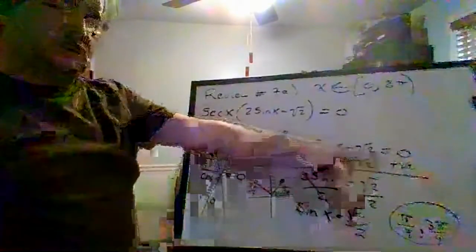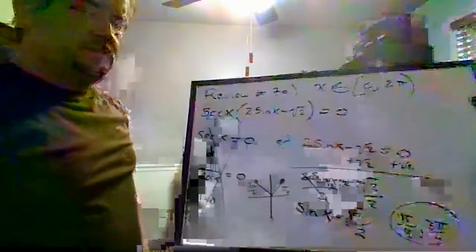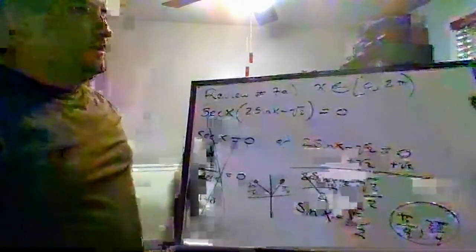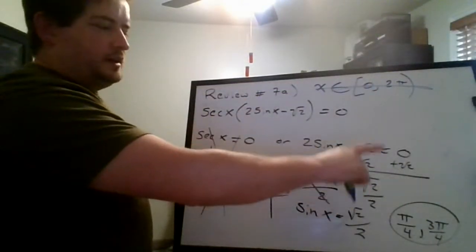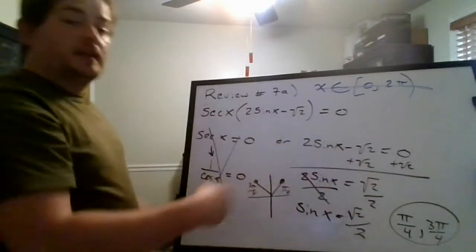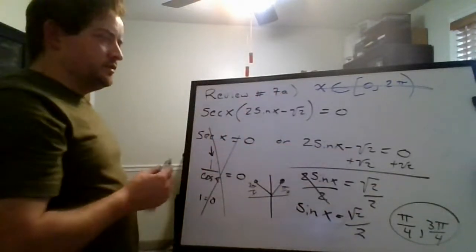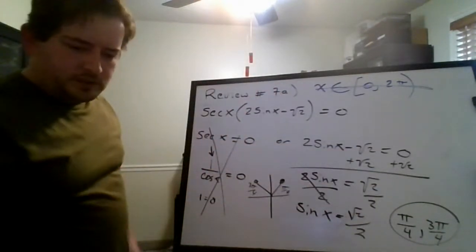So that's it. It's just one circle. That's my answer. It's pi fourths, 3 pi fourths. If this were not included, then I would go pi fourths plus 2 pi k and 3 pi fourths plus 2 pi k. But it is included, so I don't have to worry about that for this question.